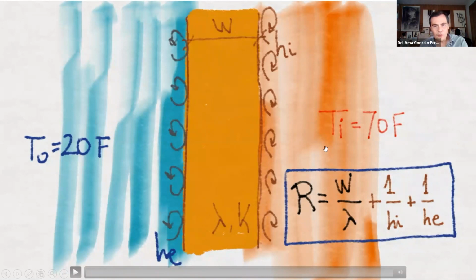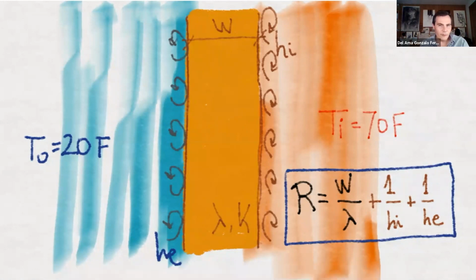So this is the indoor temperature, this is the outdoor temperature. Before the solid layer, we have this air layer that is creating a very small resistance, but we have to take it into account because sometimes it can be a big number.